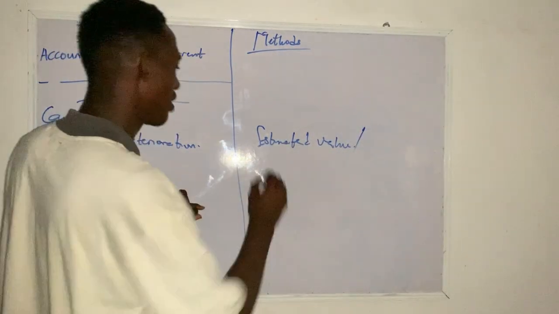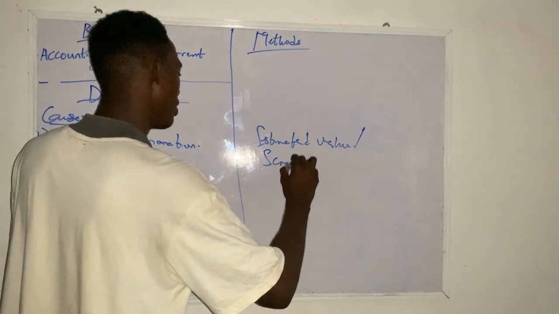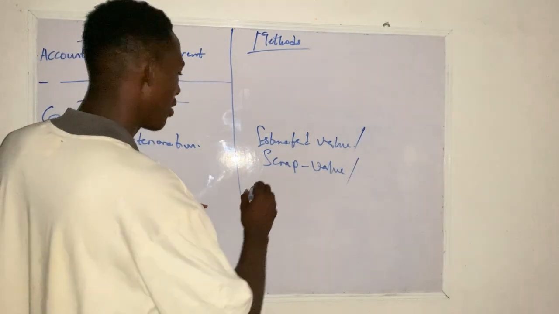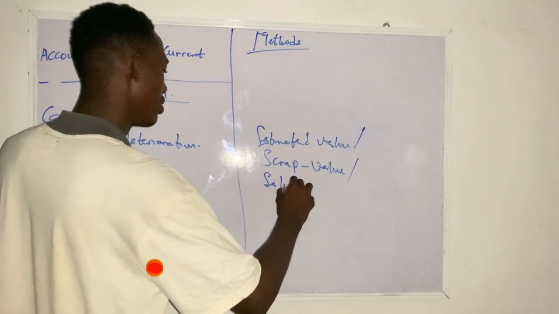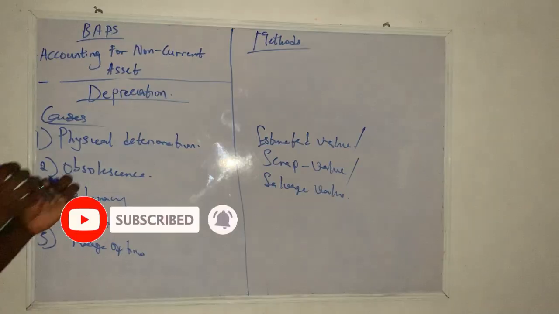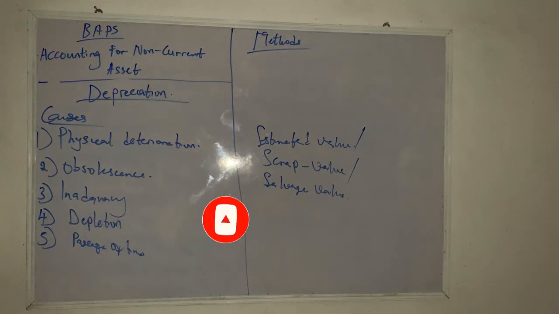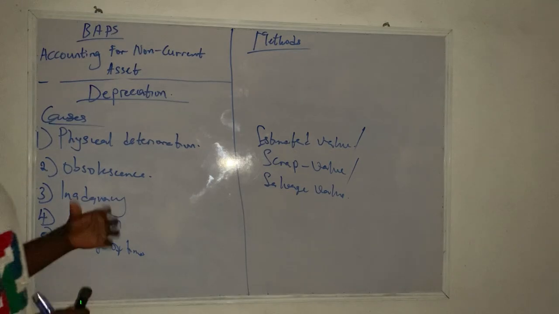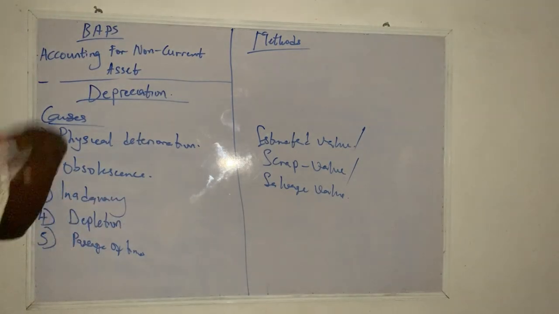Another name for estimated value is scrap value, or you can have salvage value. So these are the other possible names for estimated value: scrap value and salvage value. Then another item is the useful life.